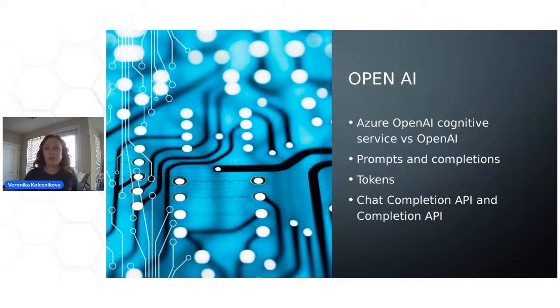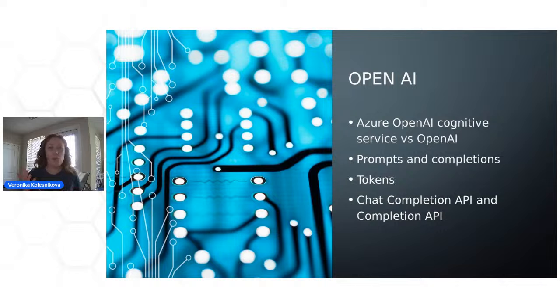Actually, there are a couple of approaches for how you can interact with OpenAI models. It is zero shot when you're not providing any examples, so the model will have to figure it out for itself.